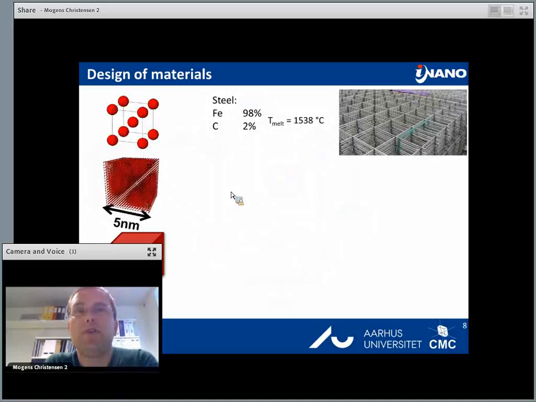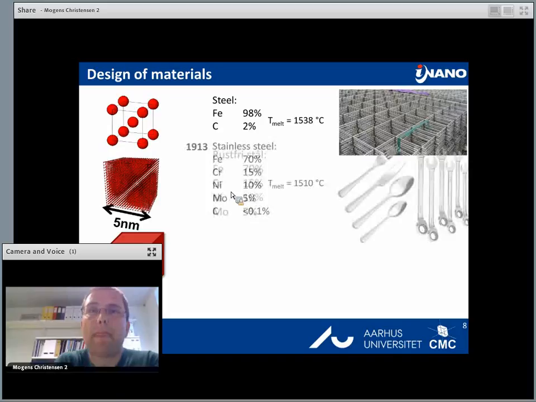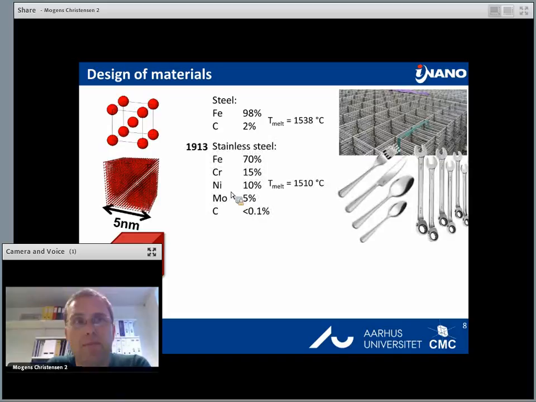So steel contains typically less than 2% of carbon, but could you imagine to put something else inside? Well, yes, if we add some chromium and nickel, molybdenum, on top of the steel, we can make the stainless steel that doesn't rust. And you see, this also changes the melting point of the steel.